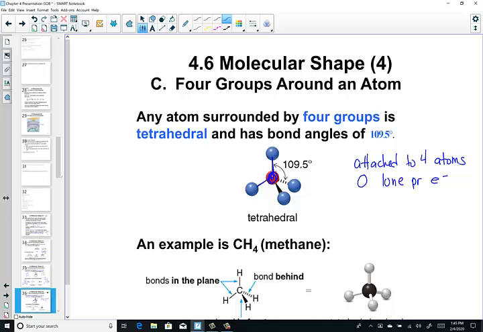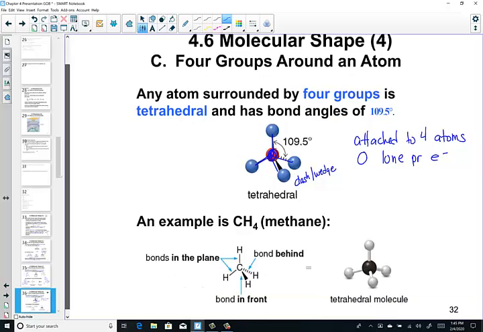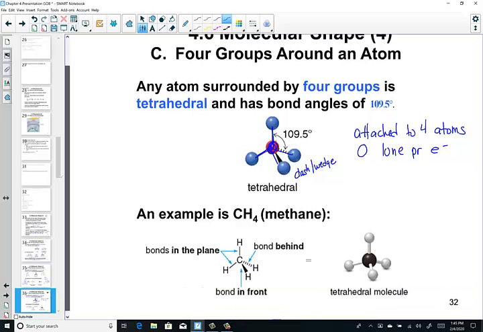I look in all directions and I see atoms. Now we get this little feel of three dimensions when we start seeing this dash and wedge scenario. The dash is coming behind the page and the wedge is coming out of the page. This is what we call a tetrahedral molecular geometry.